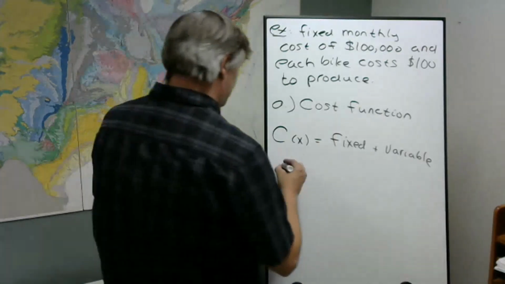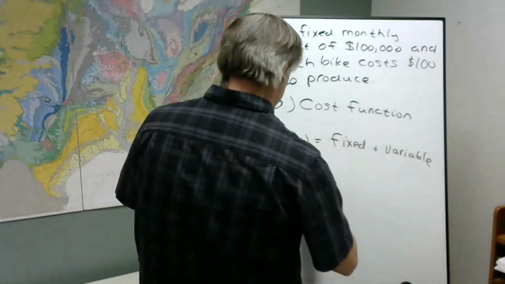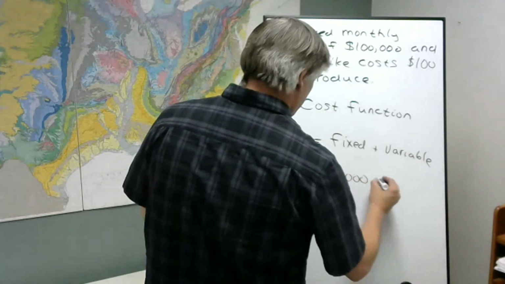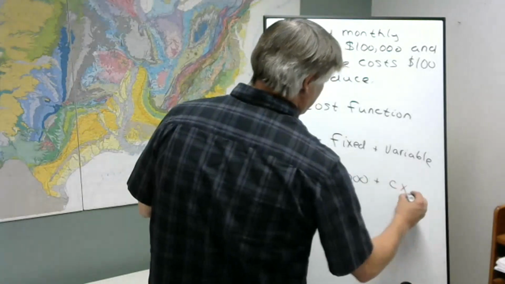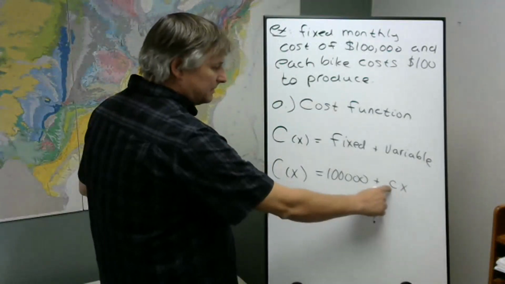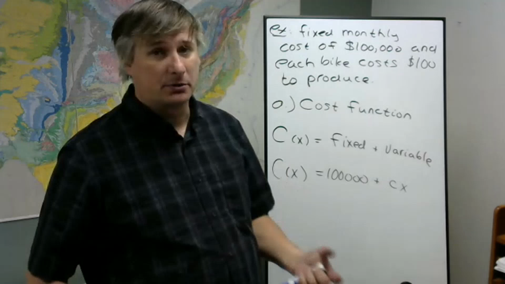So in this case, it will be C(x) equals 100,000 plus little c times x, where again, x is going to be the number of bikes, and little c is the cost per bike.